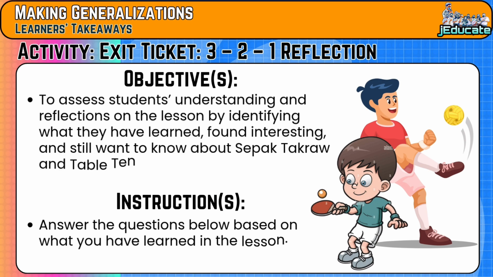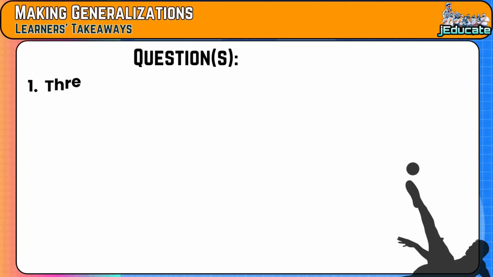Making generalizations, learner's takeaways. Activity: exit ticket. 3, 2, 1 reflection. Instructions. Questions.